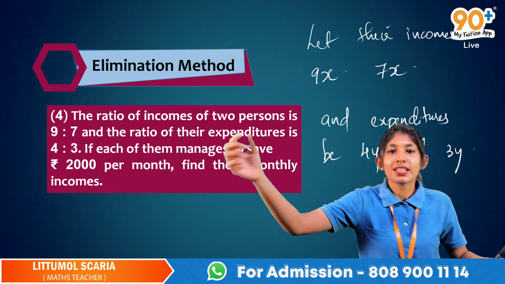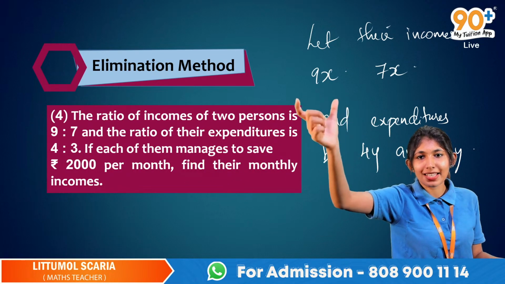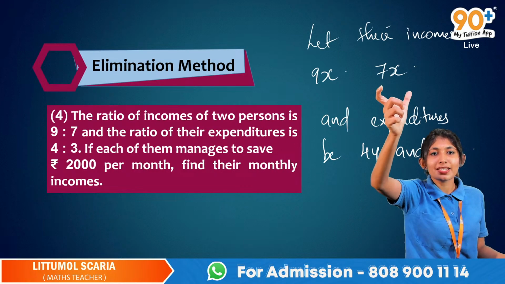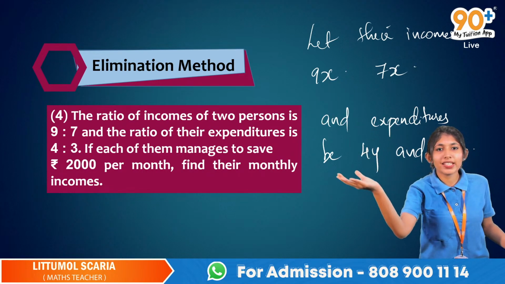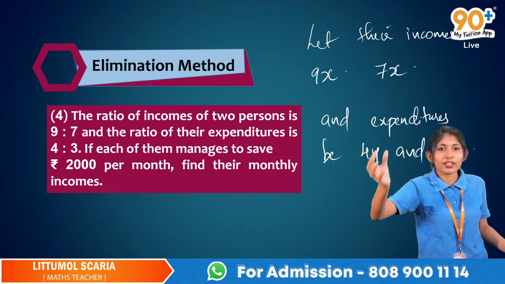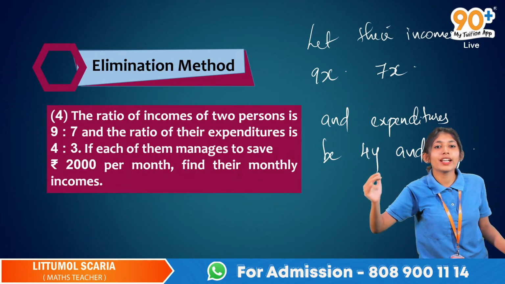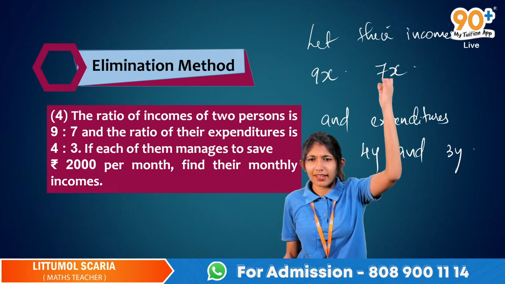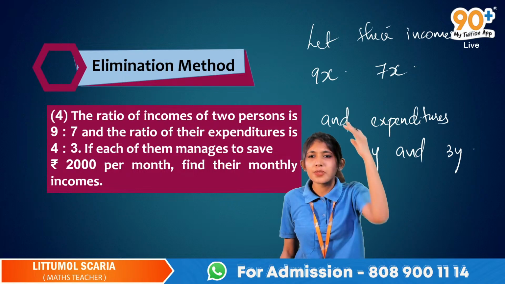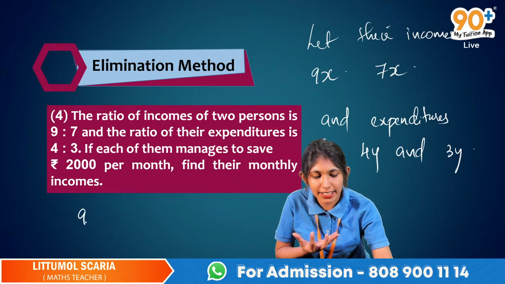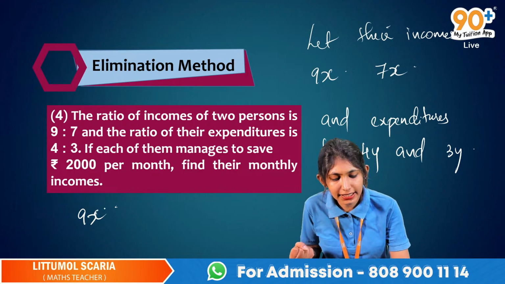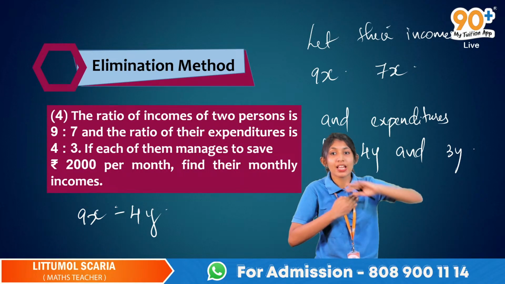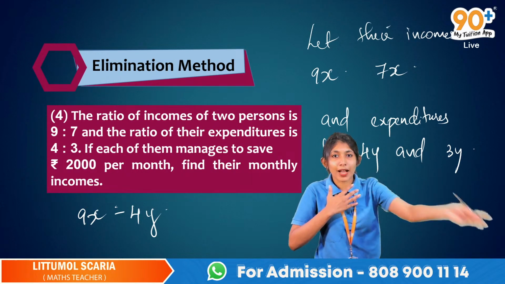So the first person's income is 9x and the second person's income is 7x. The first person spent some money, 4y, from this 9x, and he managed to save rupees 2000. Consider the first person: he got 9x in his hand, and from that he spent 4y.